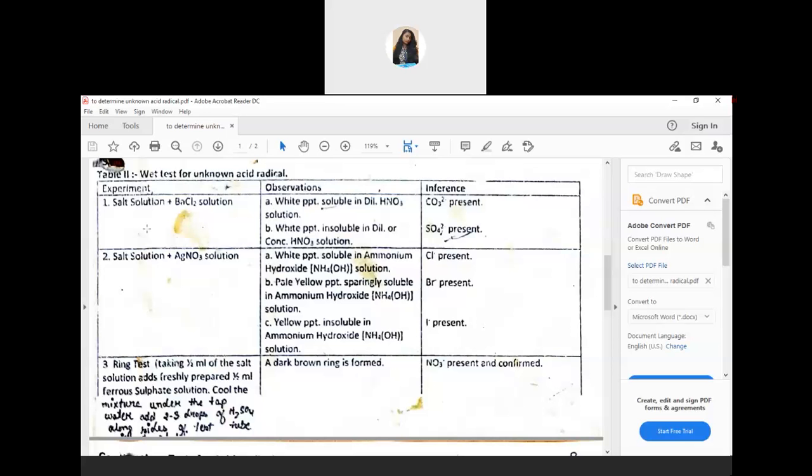First of all, you can see a white precipitate gathered at the bottom of the test tube. After observing the white precipitate, you have to add dilute HNO3, nitric acid, solution in the test tube.